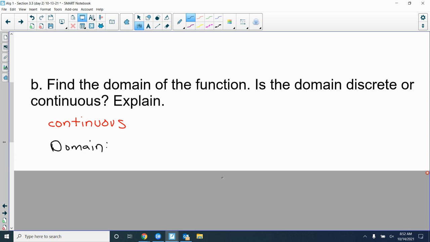So how do you think we could label the domain? What do you think we're going to answer? How can we list all those numbers? We're at an impasse here. All right, tell me if this makes sense.